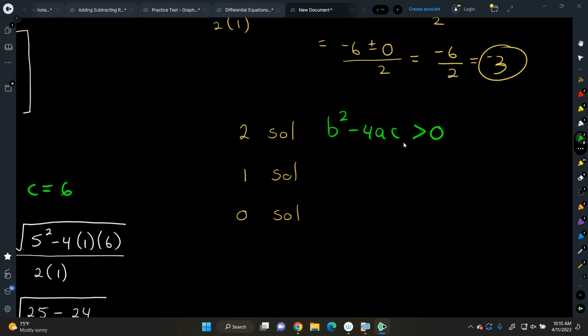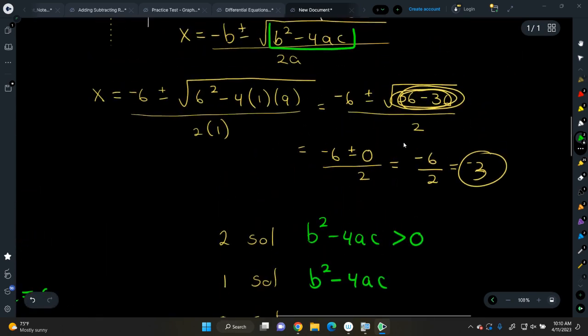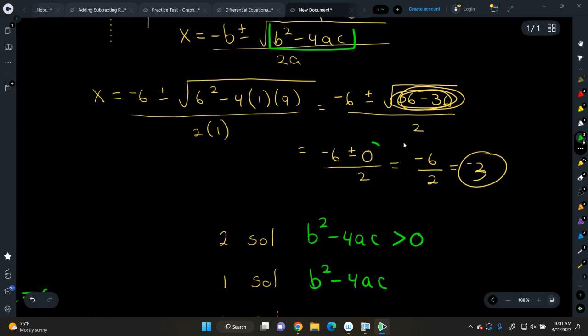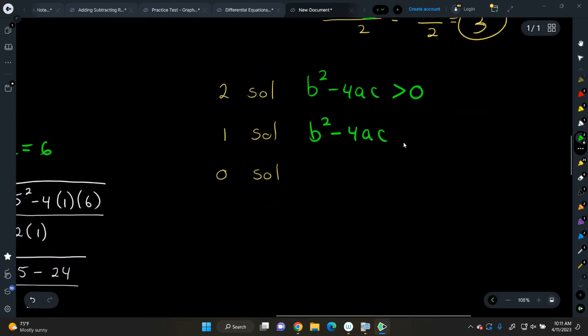The other example, it was 24. When we have 1 solution, b squared minus 4ac equals 0.